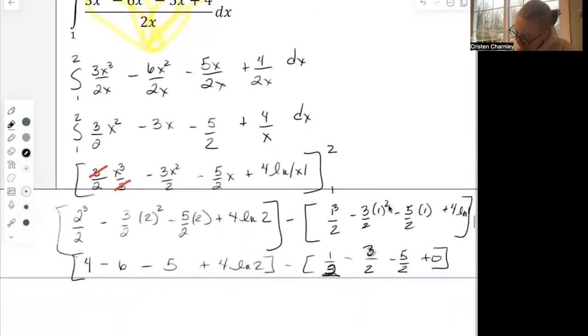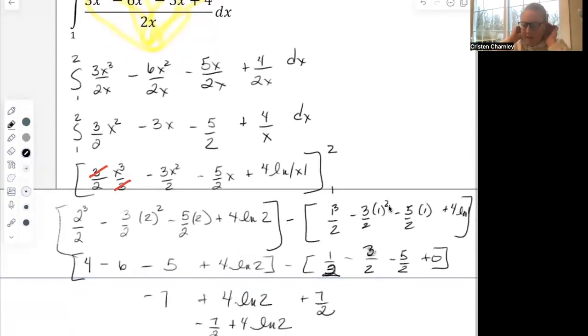So sorry, I did a little bit of calculating there quickly. I replaced all the x's first with the 2 and then with the 1, and combined like terms. Negative 7 plus 7/2 becomes negative 7/2, because this would be negative 14/2 plus 7/2, which is negative 7/2. So there's your solution. Again, I don't want a decimal answer for that.